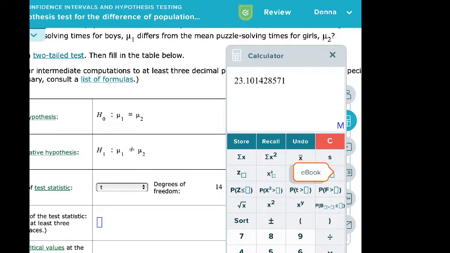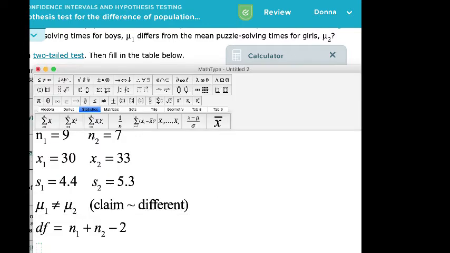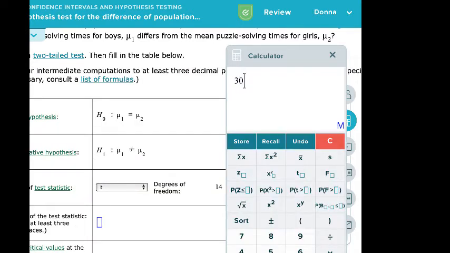Now we can substitute into the formula. The formula for the t-test statistic is x1 bar minus x2 bar, and x1 bar was 30 and x2 bar was 33. So it's 30 minus 33, all divided by the square root of the pooled sample variance.